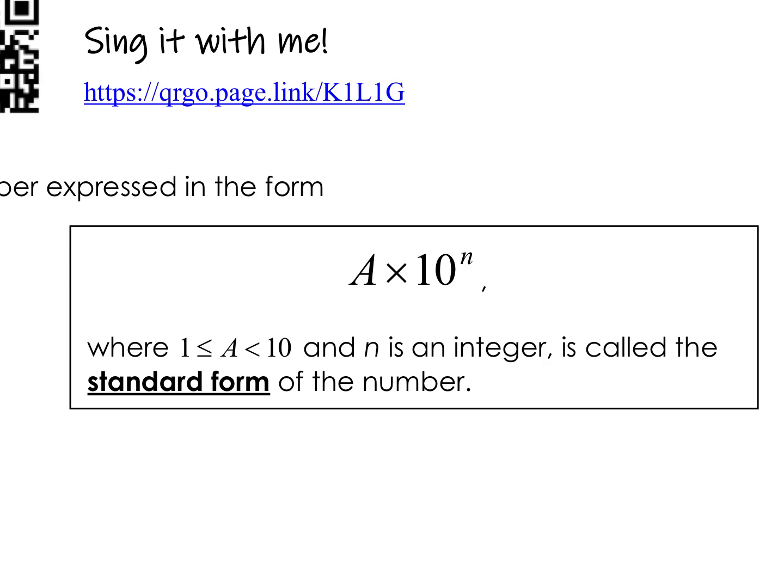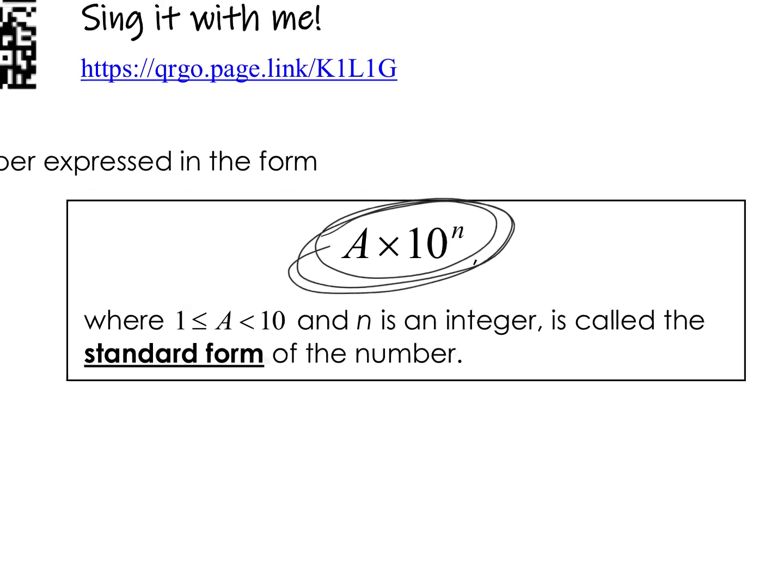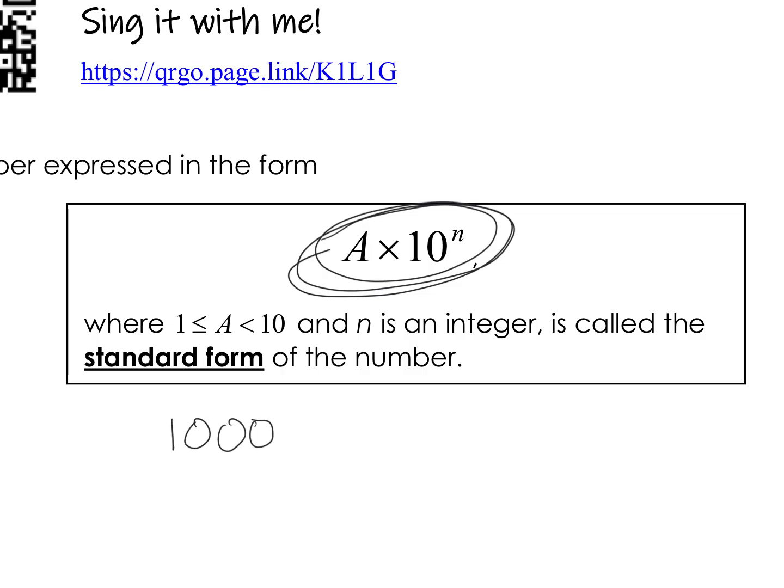So you just remember, whatever number I have here, if I change it to standard form, so for example 1000, I will change it to 1 times 10 to the power of 3. This number here must always be greater or equals to 1 but strictly less than 10. That means it must be single digit, cannot be double digit.